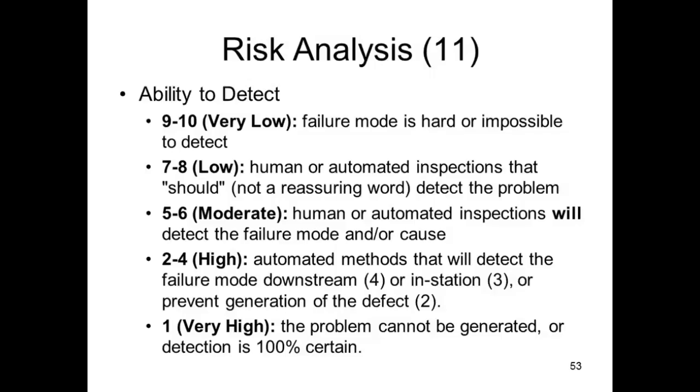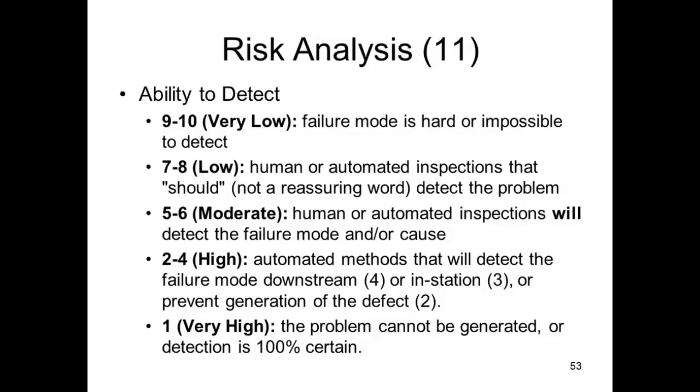Low human or automated inspections that should, I believe the manual actually uses the word should. Should is not a very reassuring word when it comes to detecting a problem, and it improves from there.